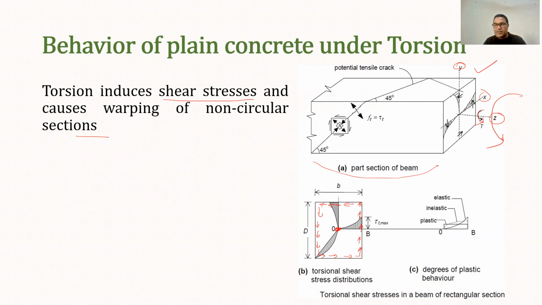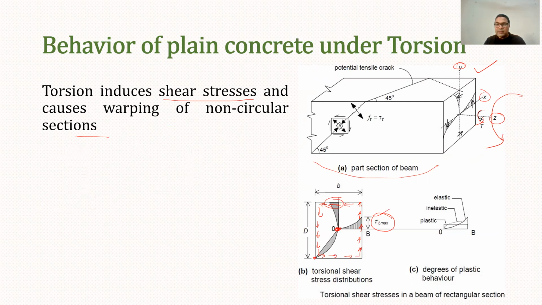So as you can see, the flow of shear along the longer face is higher, and therefore along the longer face it will be maximum. Similarly, on the shorter face of the beam, it will have shear stress, but lesser than the longer face. And at the corner, shear stress will be 0.